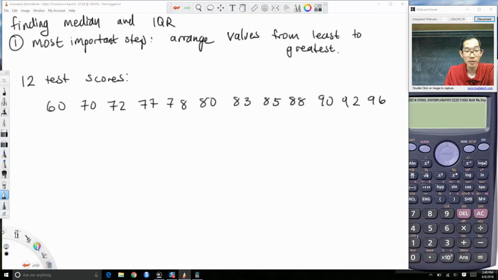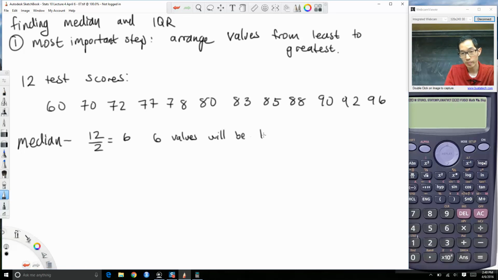So let's find the median. We have 12 test scores, so the median will be the spot where half are greater. So 12 divided by 2 is 6, so 6 values will be less than the median. Because these are arranged in order, I'm going to count 1, 2, 3, 4, 5, 6, and draw a line here.